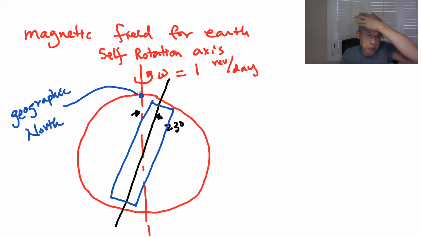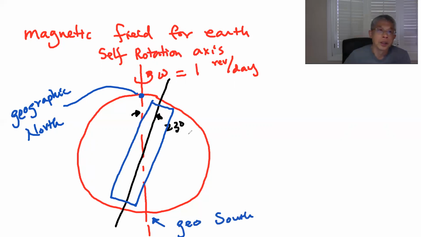When we talk about geography, this is North Pole, and this one is South Pole, so this is geographic south. But for the magnet, this one here is actually south. So this is magnetic south.